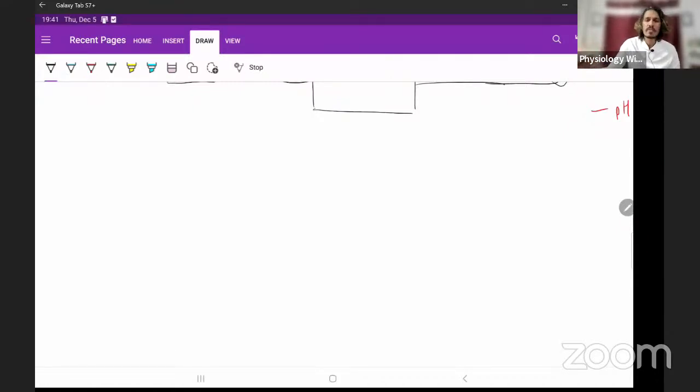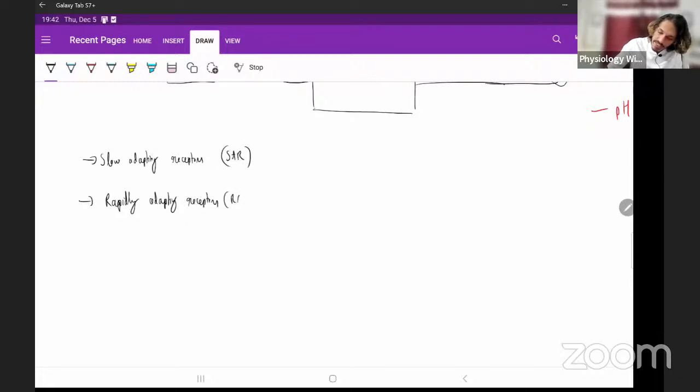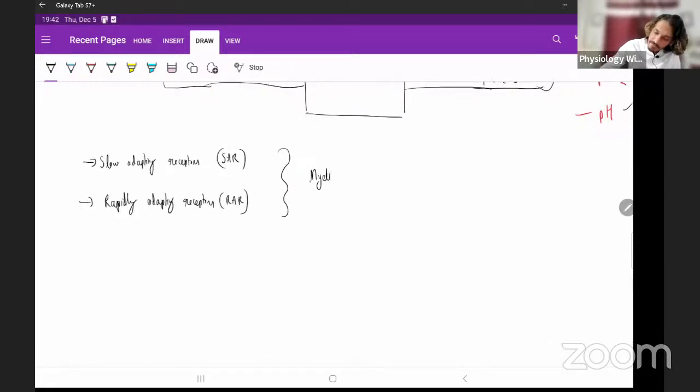For that, we have first a slow adapting kind of receptors. Then there is something called rapidly adapting receptors. Slow adapting receptors and rapidly adapting receptors are usually both myelinated. And a third variety is the C fiber, which is unmyelinated.